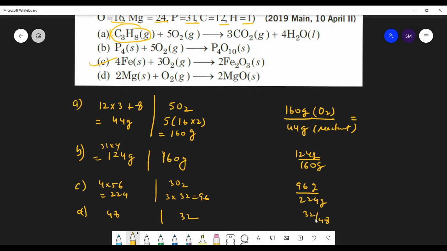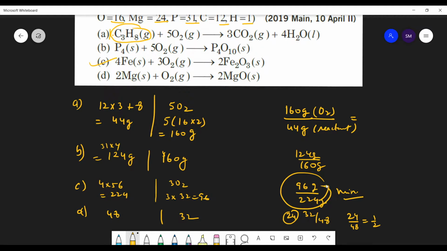So you can clearly see, students, without even solving you can tell, because the gap between these two is large, so this is minimum. See, this is 48 and this is 24. If 24 were there, then only it would be half.